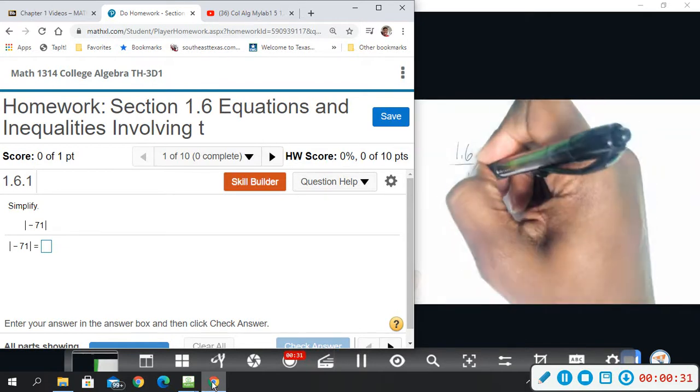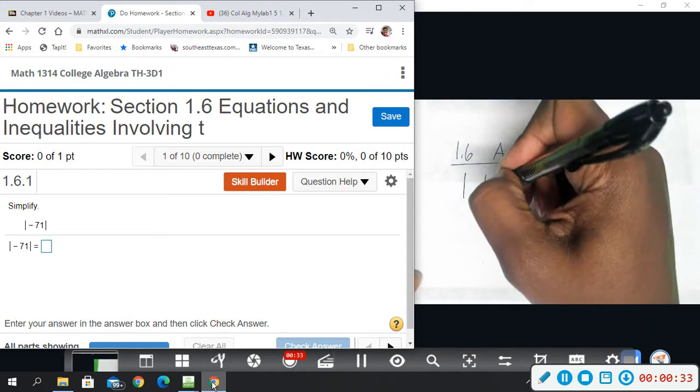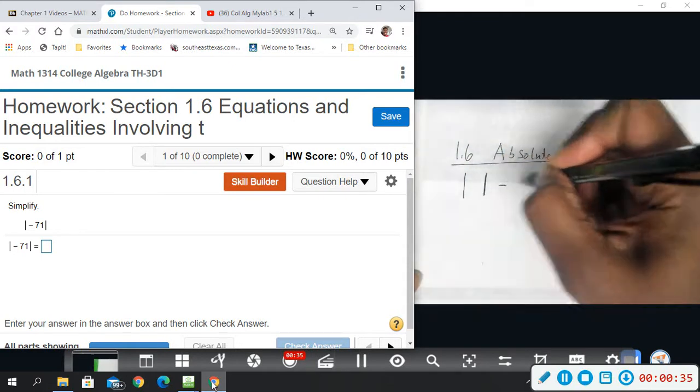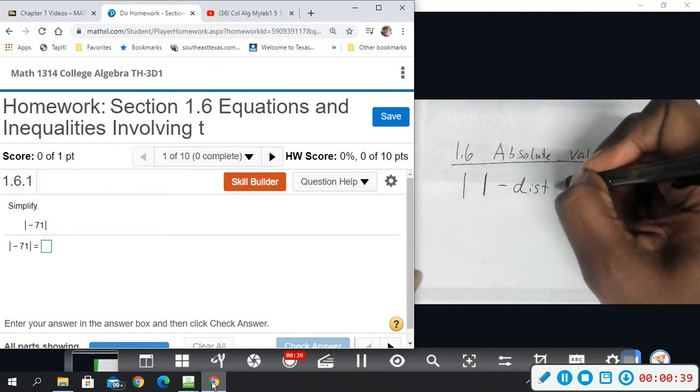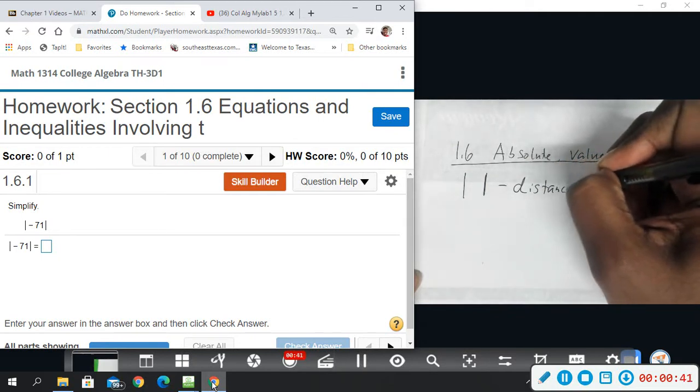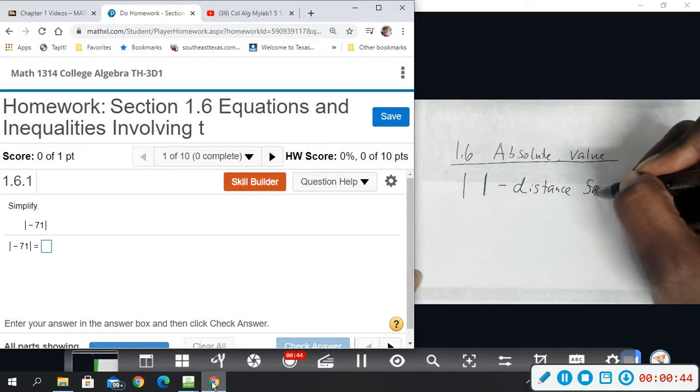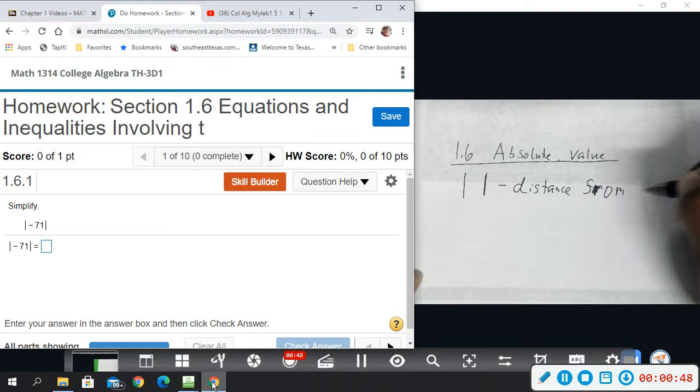All they tell you is the distance from zero. So it ignores the sign.